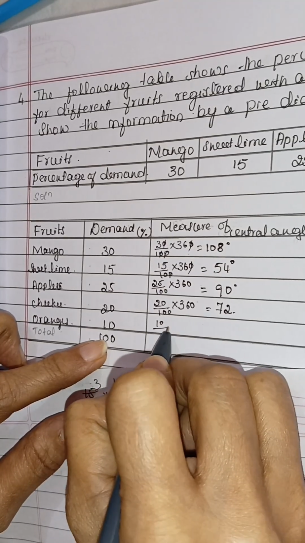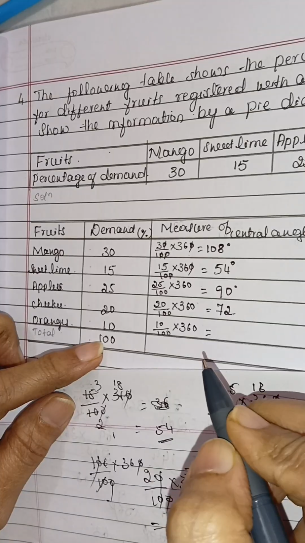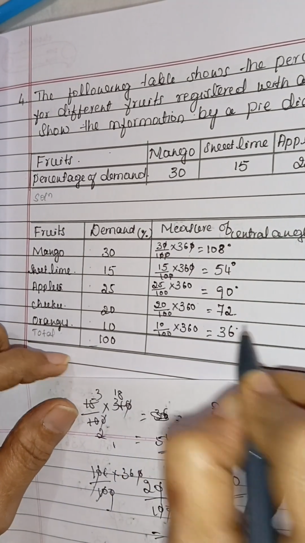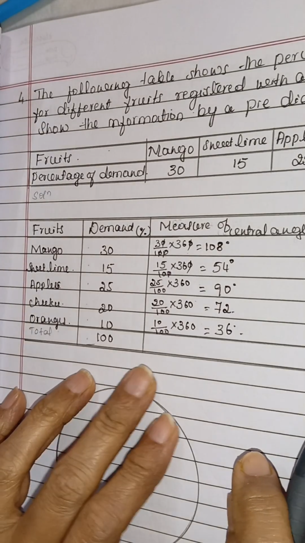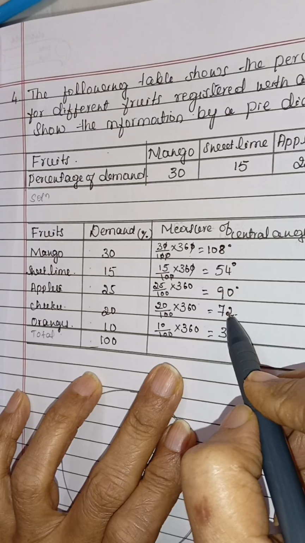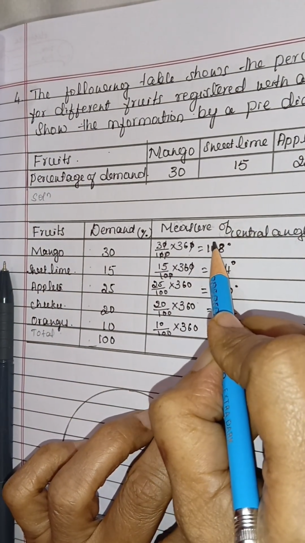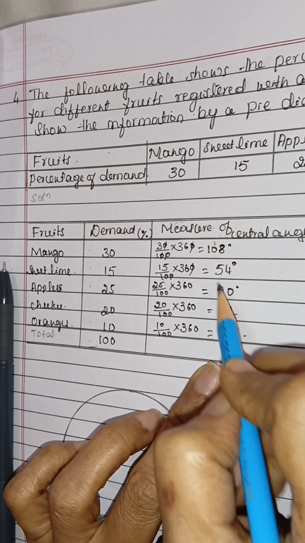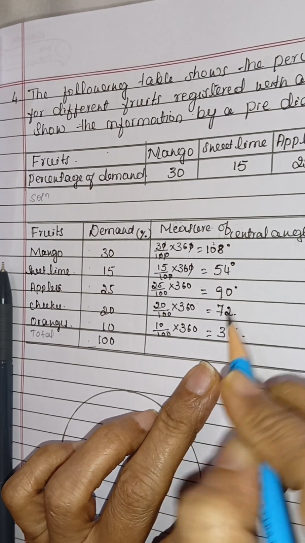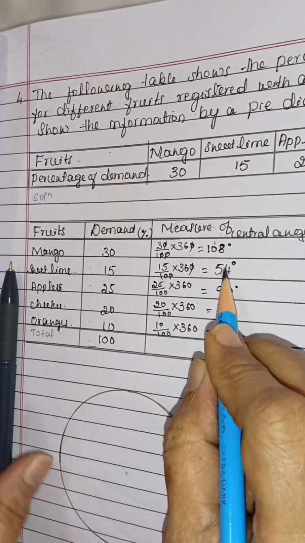So 10 out of 100 for 360 is 36. Now add them: 108, 54, 90, 72, 36, total 360. No, it's right. Calculation is right.